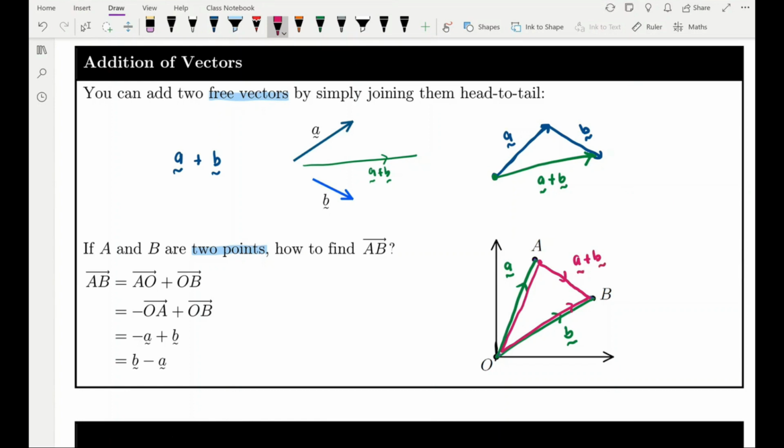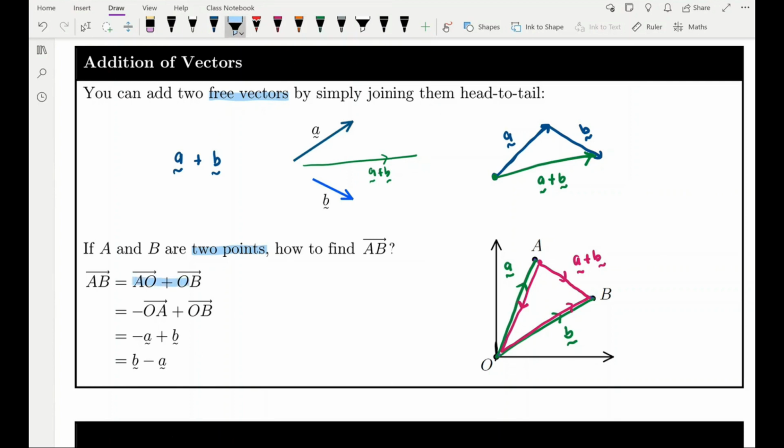So how to calculate? From this diagram, we know that the direction for A must be opposite. So AO to OB, so AO plus OB.